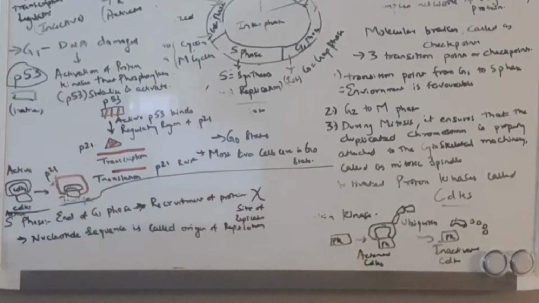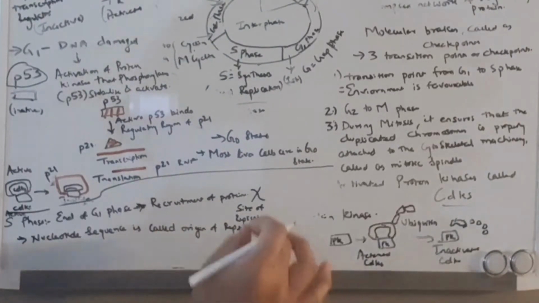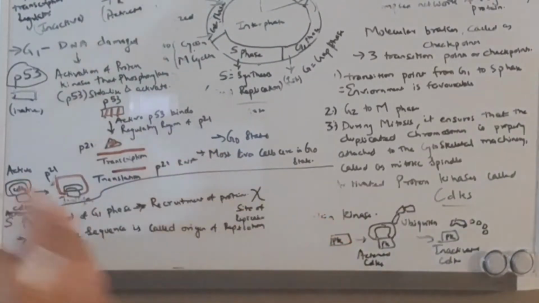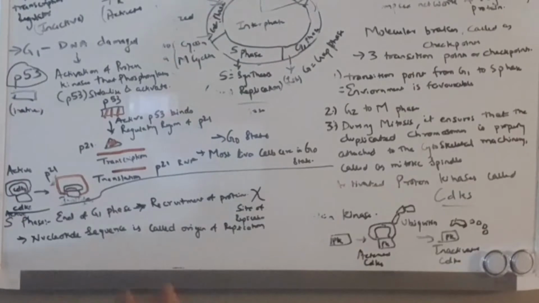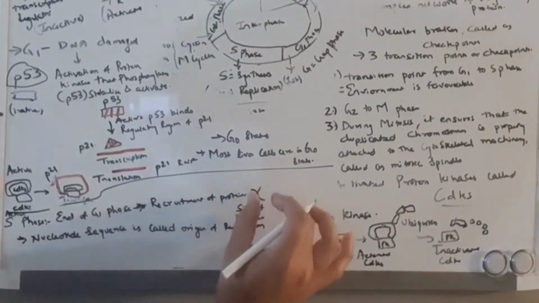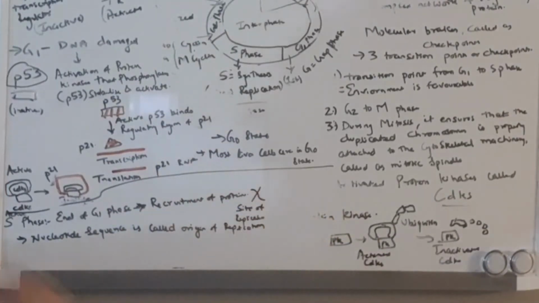This origin of replication serves as a landing pad for the proteins and the protein complexes that control and carry out DNA replication. So this will serve as a landing pad.